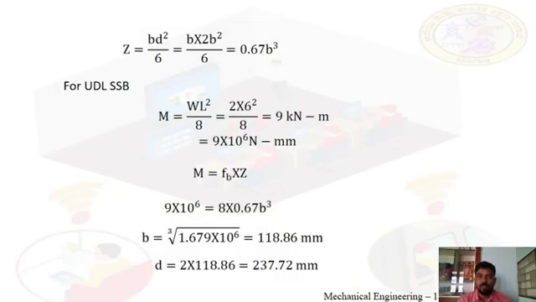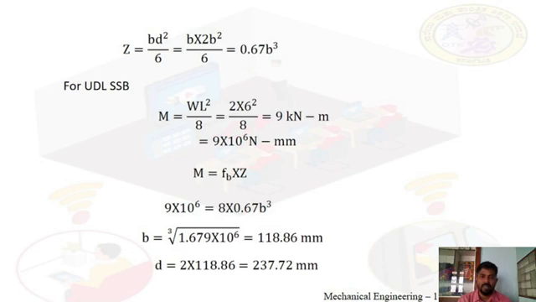Then we know for simply supported beam with UDL, the moment M is equal to w l square by 8. W is given, load 2 into L 6 meter span, 6 square by 8, that is equal to 9 kilonewton meter. So convert that into mm, because the breadth and depth will be given in mm.